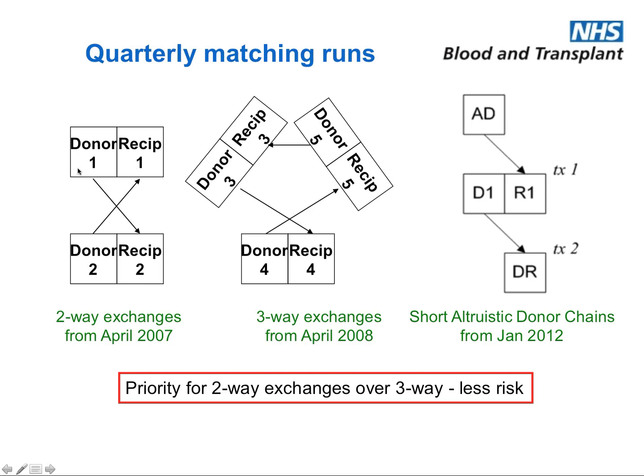And of course, you can have various levels of sophistication. You can just have two-way swaps, you can have three-way swaps, or you can use non-directed altruistic donors to kickstart donor chains. Now, of course, this can go wrong. If you've got a three-way swap, you just need one of these 6 patients to be unwell on the day, and the whole thing falls apart.